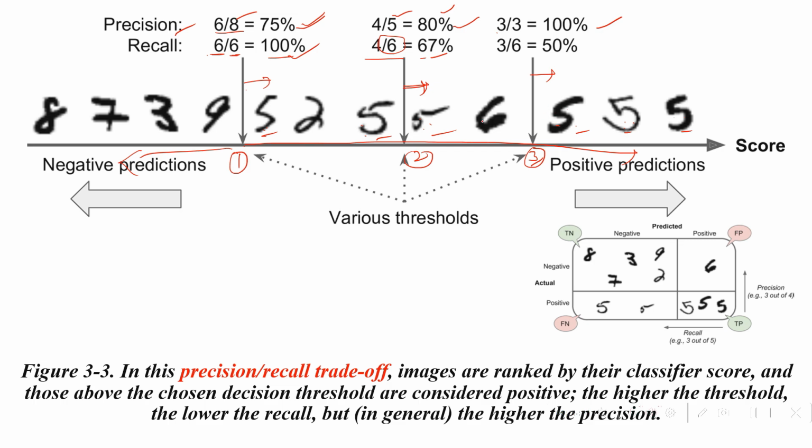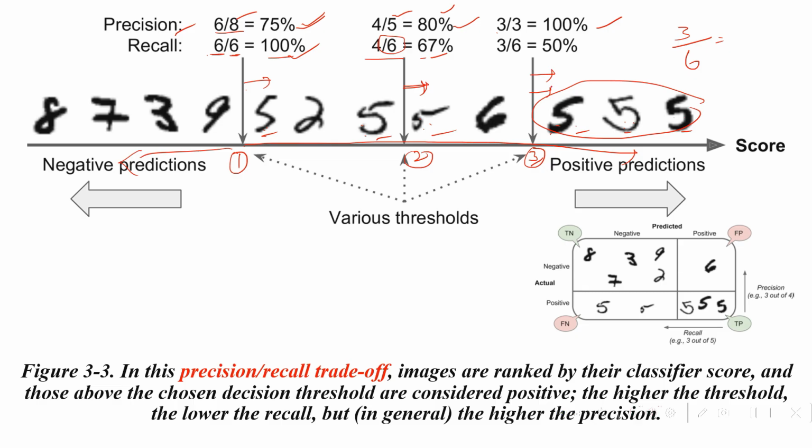Whereas the entire data set contains 6 positive elements, and the right-hand side contains only 3 positive elements. That means 3 by 6, so 50% of the elements are correctly classified.